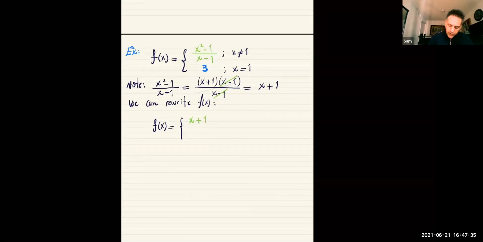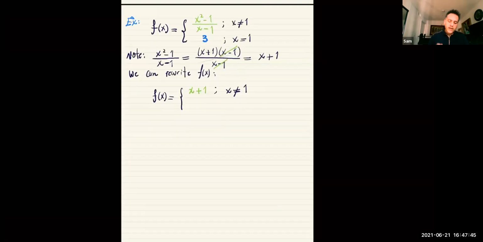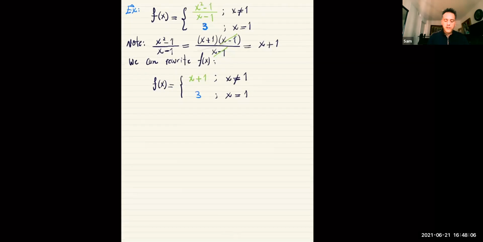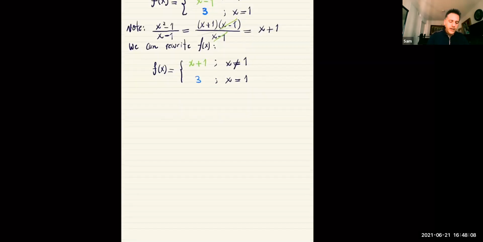This x plus 1 is defined for all x's except when x is 1. And then when x is 1, the value of y is just 3. A piecewise function, easy to draw. This is just a line, and this is just a single point in space. So let's draw.